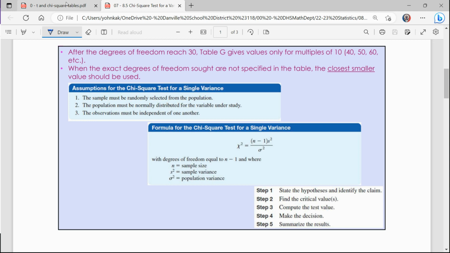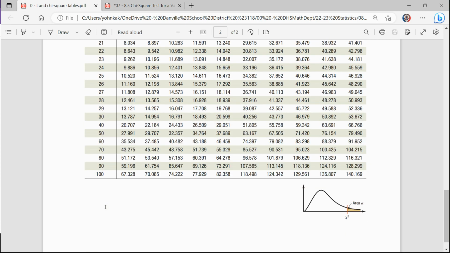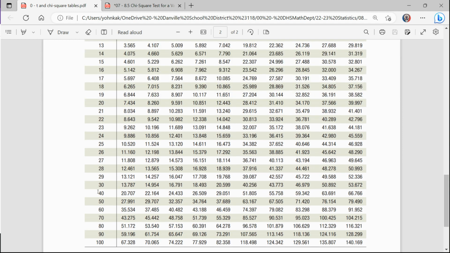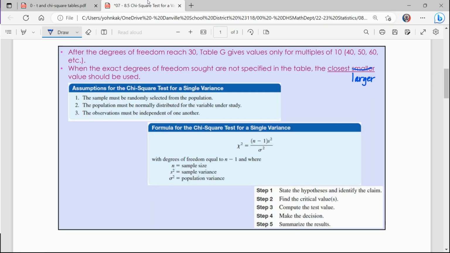When the exact degrees of freedom sought are not specified in the table, the closest, I don't know why that says smaller, it should say larger, because it would be better to overcompensate than to undercompensate. So, for instance, when we get down here to the bottom of the table, if my degrees of freedom were, say, 36, I would round up to 40 instead of down to 30.